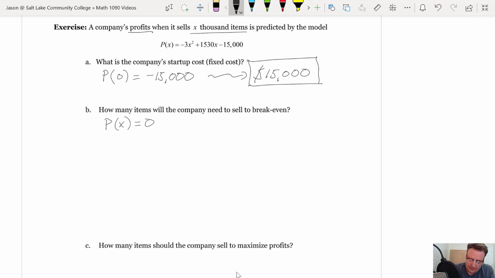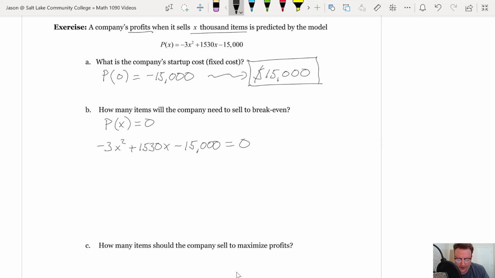In other words, we want to solve this equation: negative 3x squared plus 1530x minus 15,000 equals 0. Okay, so I have a quadratic equation now, with 0 on the right-hand side.